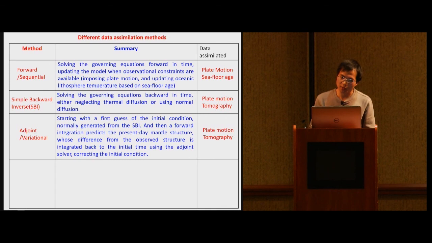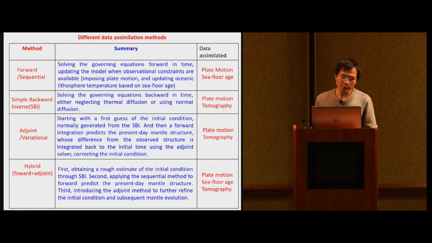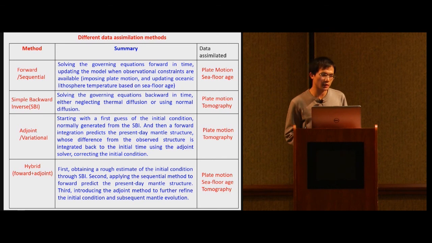But we have applied these three methods to the United States, and they cannot provide a very good solution to answer the question of how Yellowstone was formed. So to solve this problem, we further propose a hybrid data assimilation method. It's essentially a combination of forward data assimilation and adjoint data assimilation.